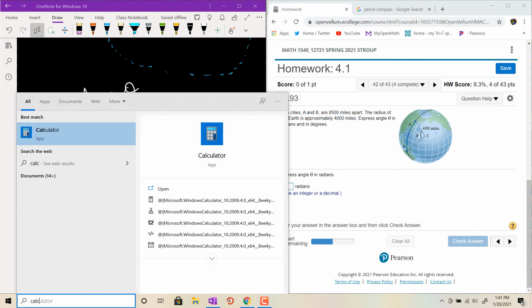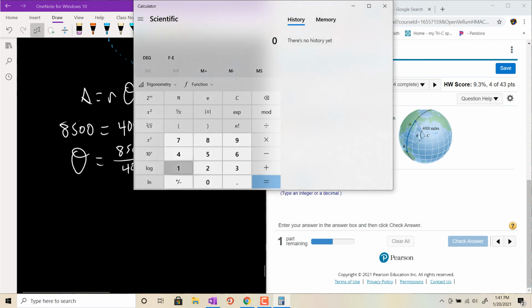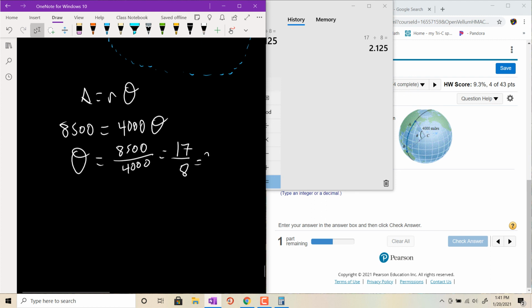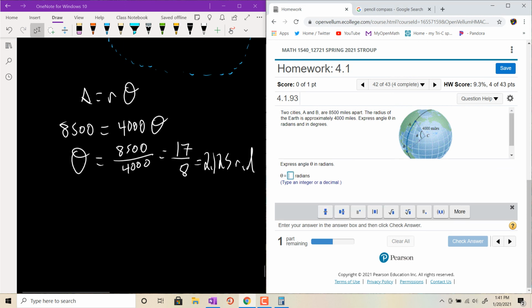It's easy. 17 divided by 8 is 2.125 radians. Remember, this formula always gives you radians. It always has to be in radians. 2.125.